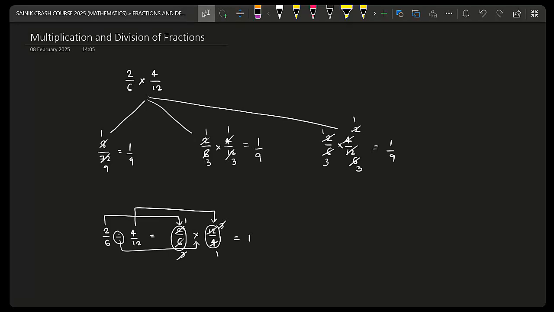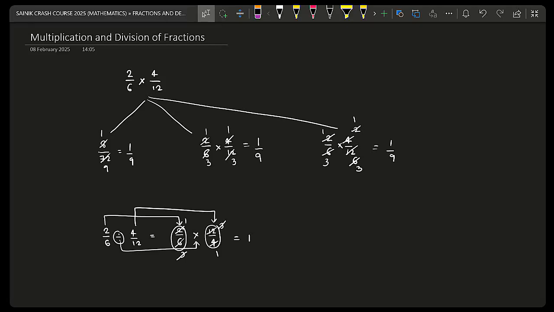Shanai: Copying is done. Sir, can you explain the division method? So for division, what you need to do is 2 by 6 divided by 4 by 12, right? Yes, sir. The first fraction you have to write as it is. That's why I wrote 2 by 6 as 2 by 6 only. Okay? And division becomes multiplication. Can you see that division became multiplication? Yes, sir.